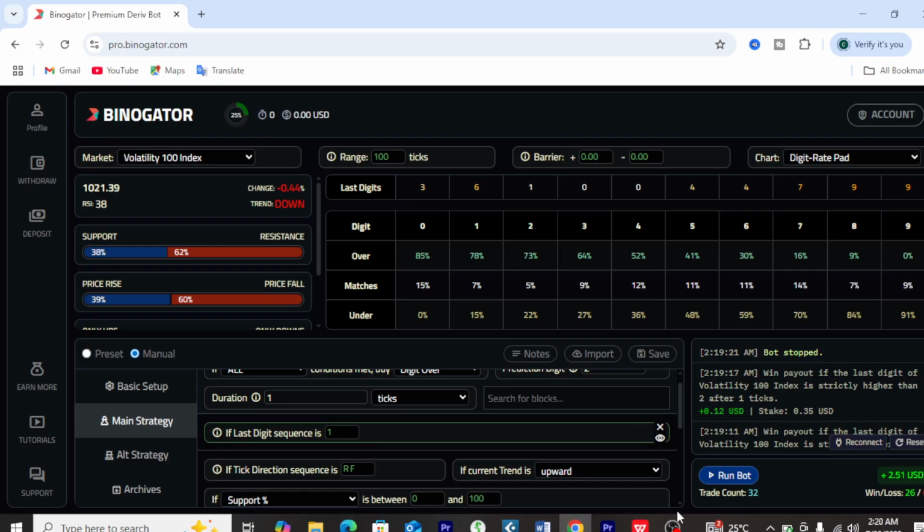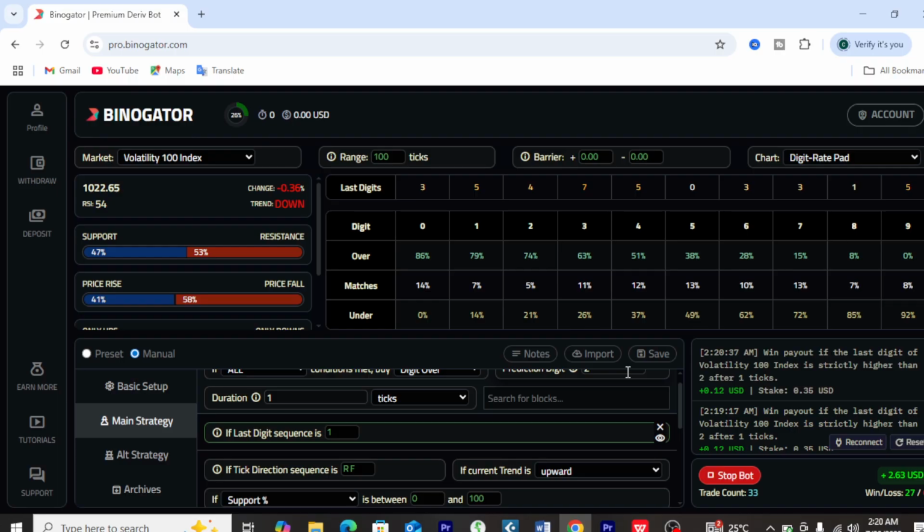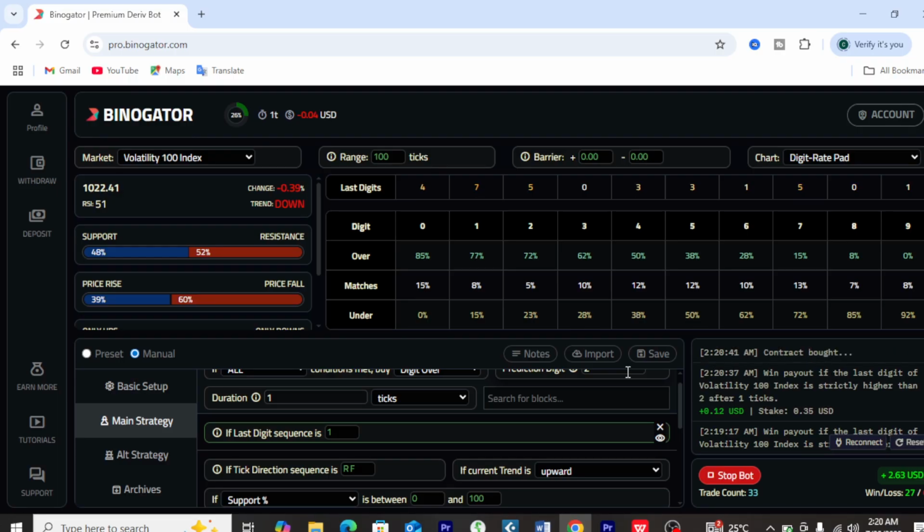If I run the bot now with this condition, it is not going to buy until the last digit is 1. It gets a last digit of 1, and then it has bought because it saw 1, then it got the last digit after 1 was 5. That means I've won the contract.